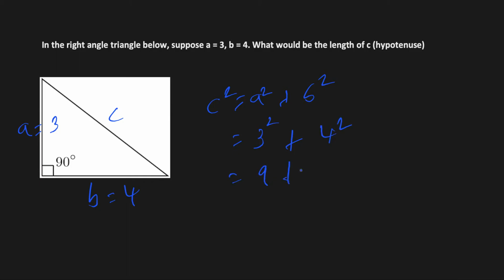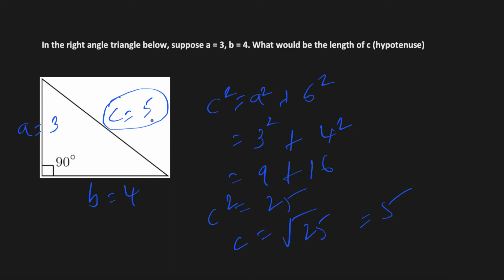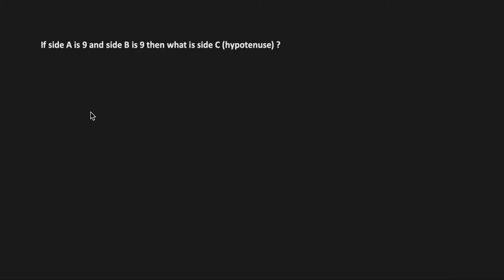So this is 9 plus 16, which is 25. So c squared is 25. If we take the square root on both sides, we get 5, because 5 times 5 is 25. So we get c as 5. And that's how you use the Pythagorean theorem to find out c, which is our hypotenuse in this case.